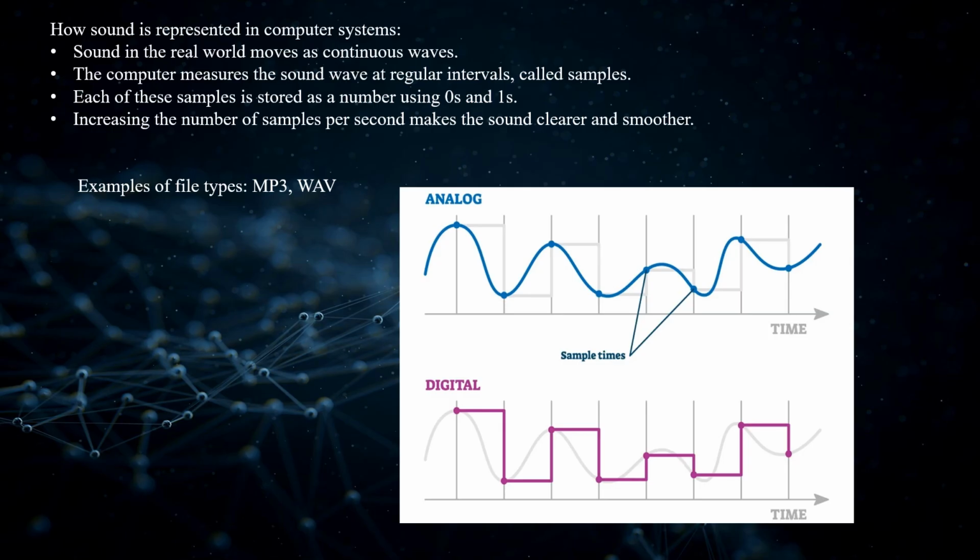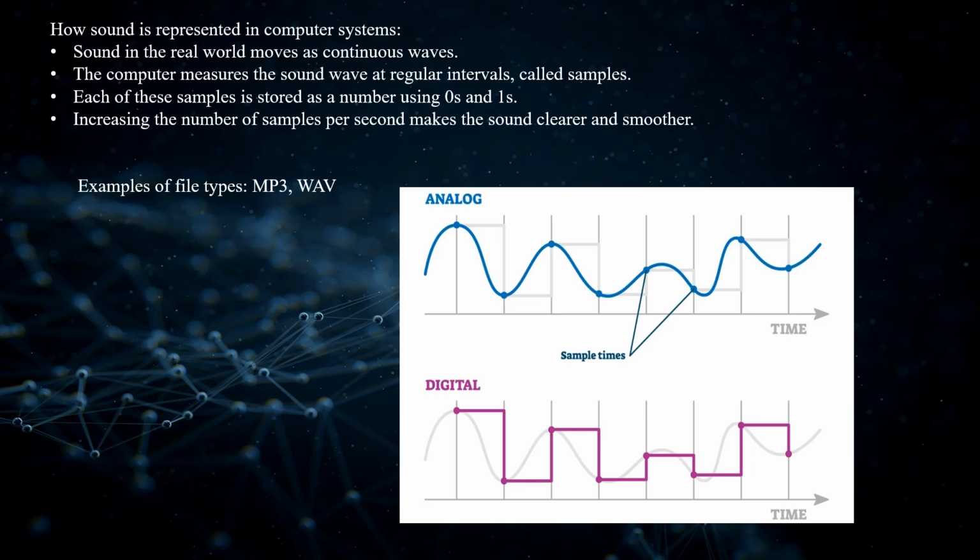Now we'll look at how computers store and represent sound. Sound in the real world moves as a continuous wave, but computers can't store continuous waves directly. To store sound, computers take measurements at regular intervals. These are called samples. Each sample shows how high or low the wave is at that moment.